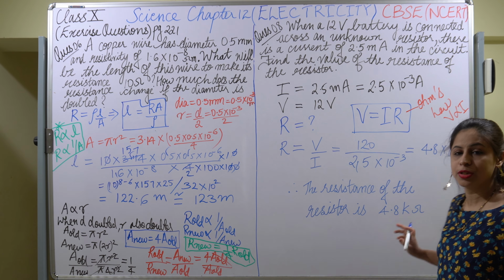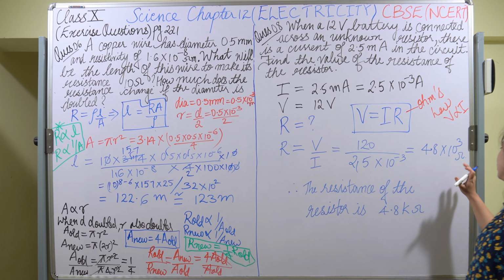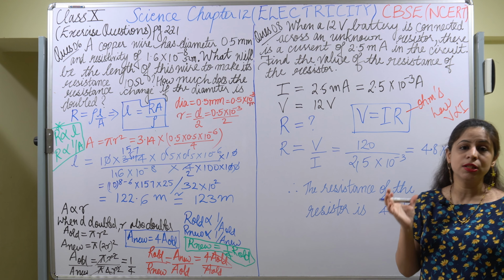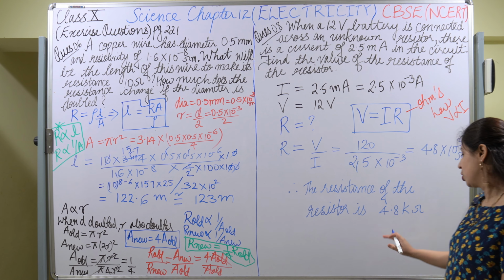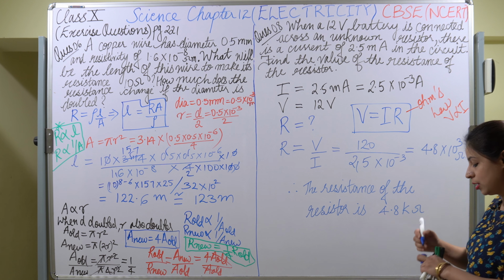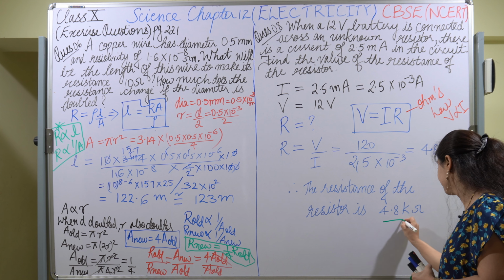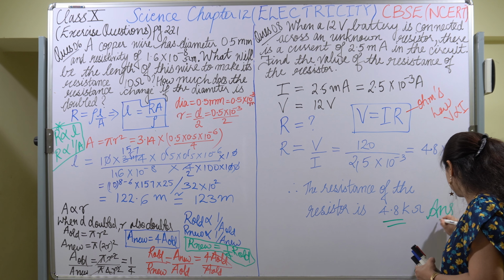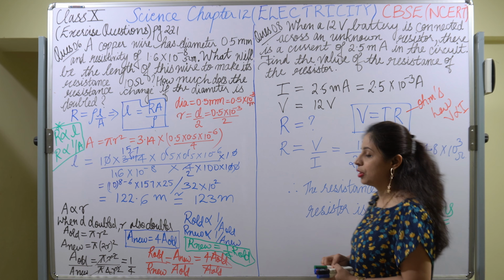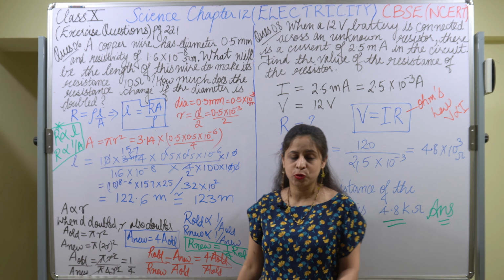We can also denote it by kilo because 10 power 3 is 1000 and 1000 denotes a kilo. So it is kilo ohms, and this is our answer. In this manner we need to do these types of questions.